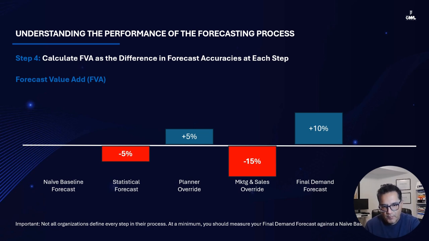So the planner added value to the process because they improved our accuracy by 5 percentage points. Now, when you think about marketing and sales, if we were to pick only marketing and sales inputs to create our final plan, we would have created an error of 15% more than the accuracy that the planner achieved. So, again, following this example, right?